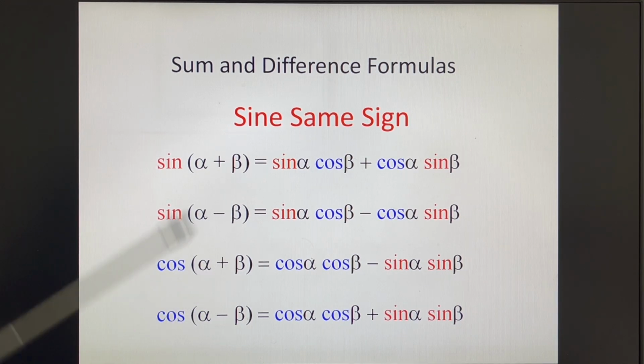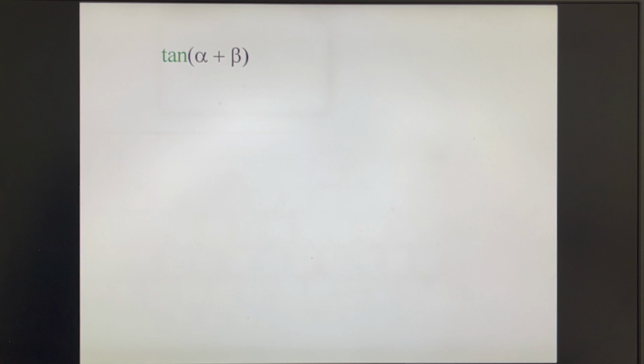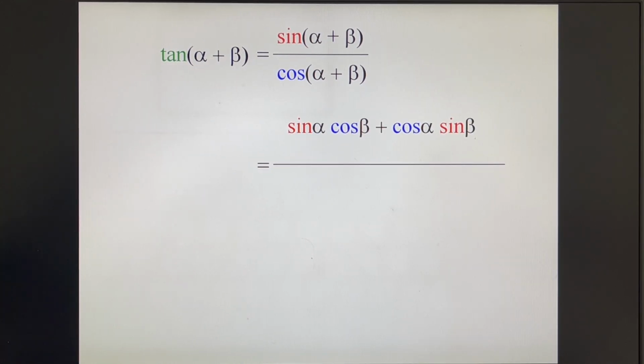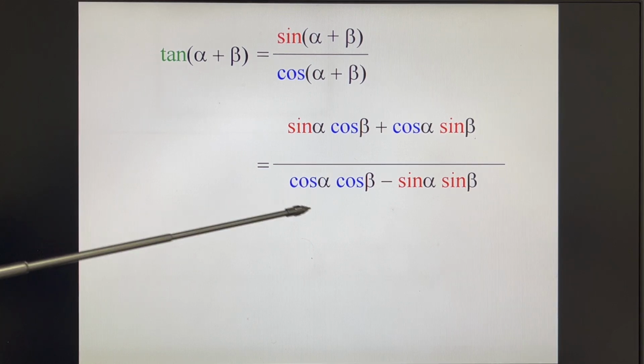These are the four identities which are used to deduce others. Before I do that, I have to find tangent alpha plus beta. We know tangent equals sine over cosine. And sine, same sign. Cosine, different sign, but same function.